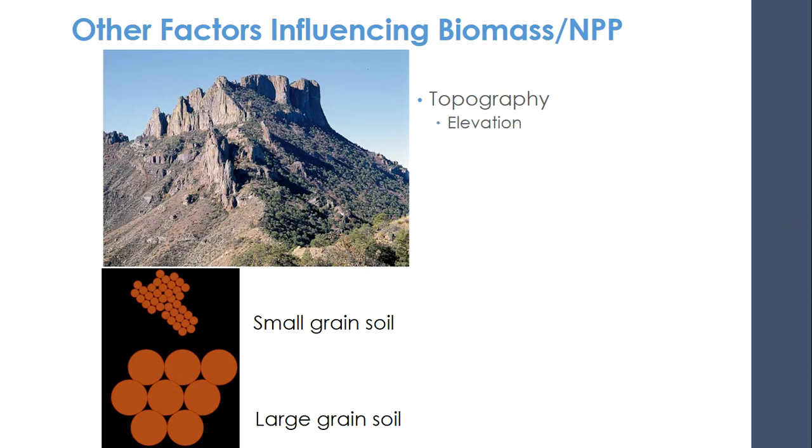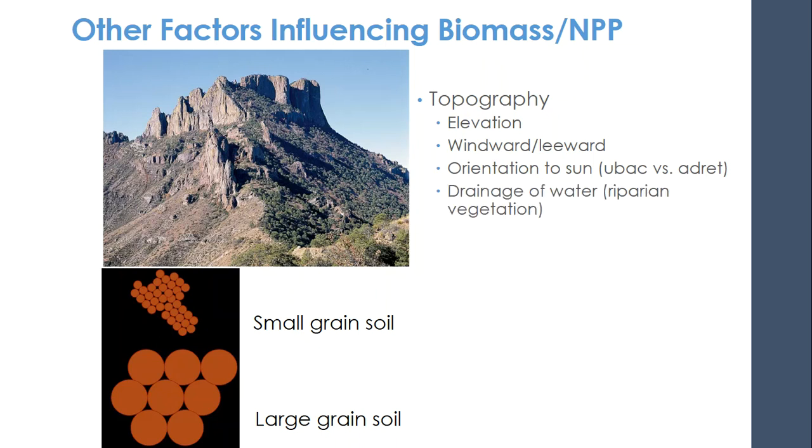Elevation: the higher up something goes, the colder it gets and the harder it is for a lot of plants to survive. Being on the windward versus leeward side of mountains, we talked about this, whether or not they're getting rain makes a big difference. Their orientation to the sun, which is UBAC and ADRET. UBAC gets a lot of sun. The ADRET side does not, and I'll show you a picture of that in a minute.